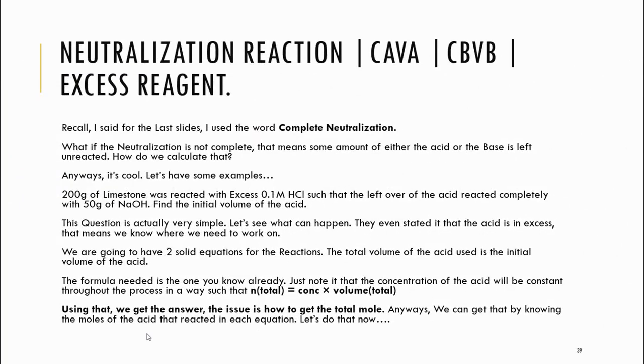So, neutralization reaction, excess reagents. This one is like a bonus part. You can just read through. It's very basic and simple. So let me just quickly do this. It's just like the way we calculate our excess reagent. When you notice the one that is in excess, that excess part of it can still be used in another equation, in another reaction for some other stuff.